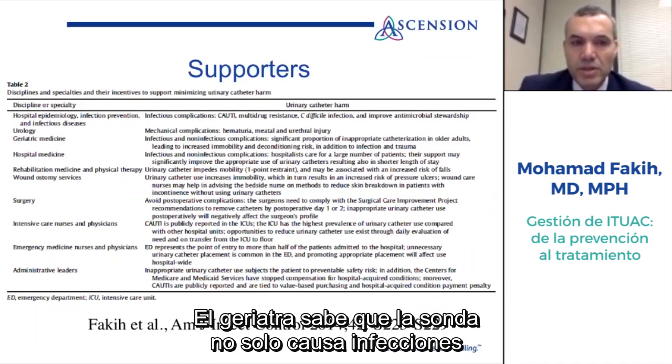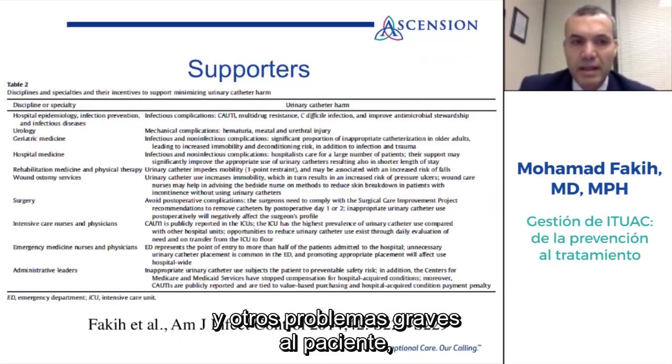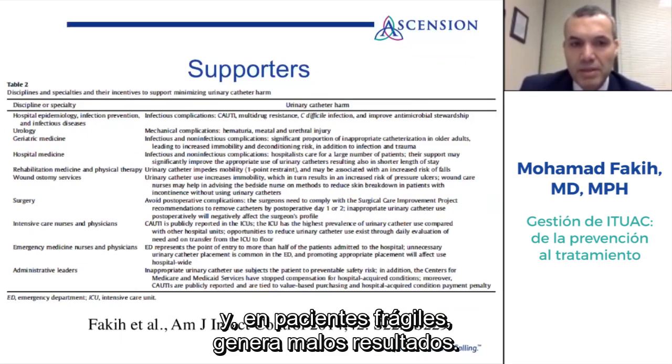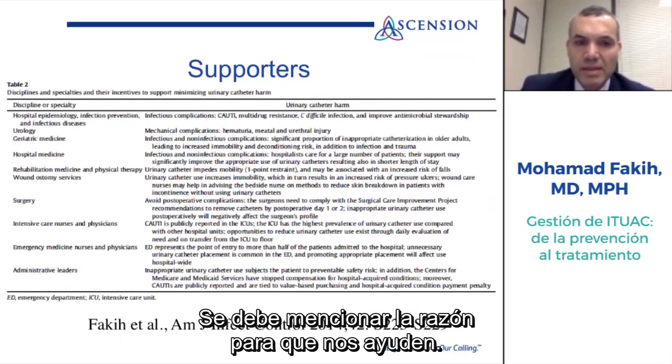A geriatrician knows that the catheter does not only cause infection and can get the patient into big trouble, but also can reduce mobility. And in frail patients, it can lead to bad outcomes. So link the reason why they will help you, and so on.